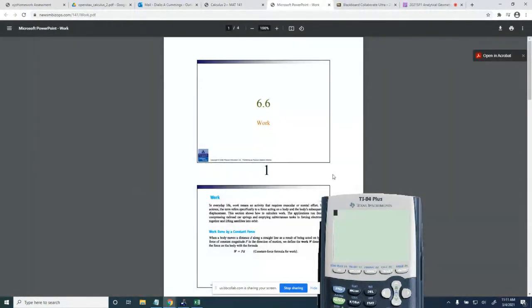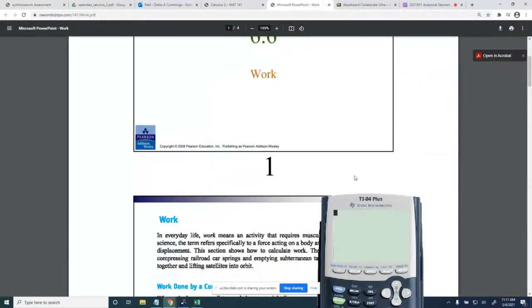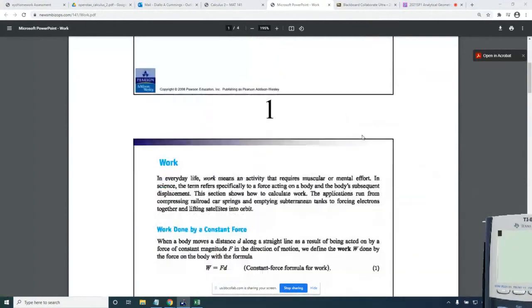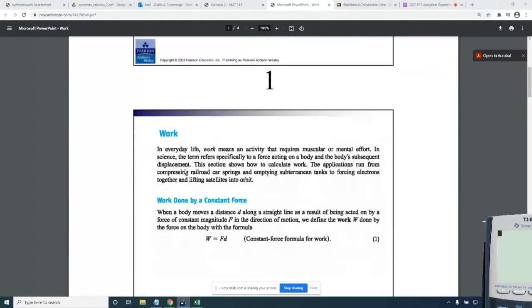It says section 6.5, but since this was a different textbook, the chapter numberings may be off. But in this section, I believe it's 2.5. We're going to look at 2.4 or 2.5. We're going to look at work.